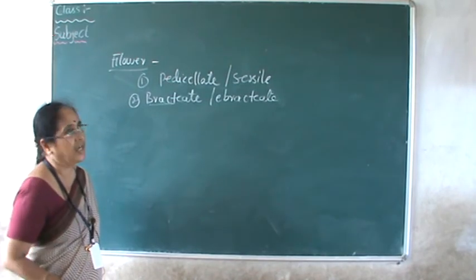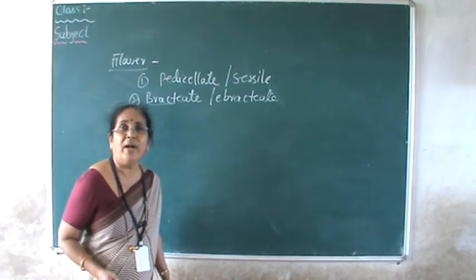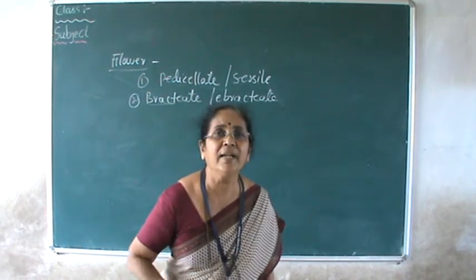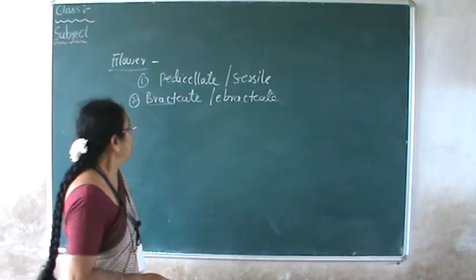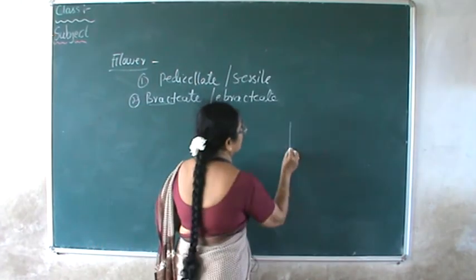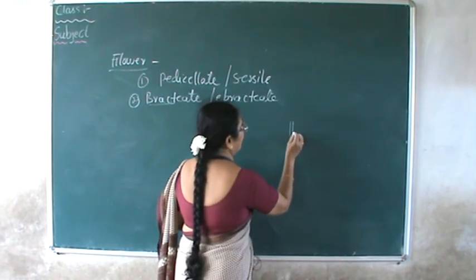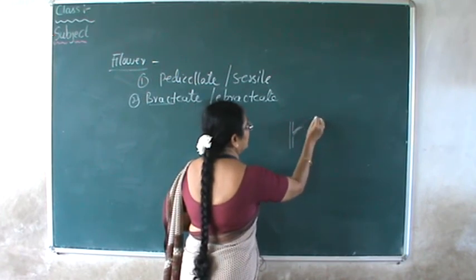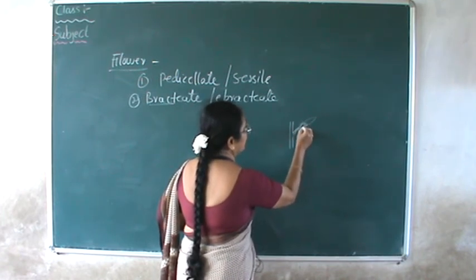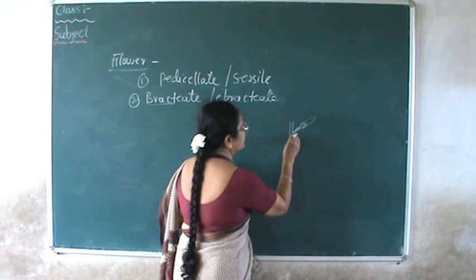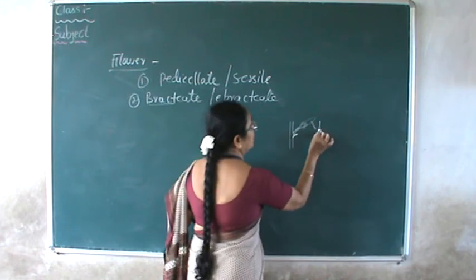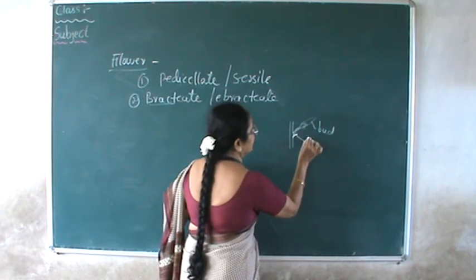The difference between stipule and bract is that stipules are always found in pair, whereas the bract is always found singly. Suppose it's a stem and the flower is arising from it, this is the stalk of the flower, and this is the floral bud. At the base, if you find a small leaf-like structure, this is the bract.